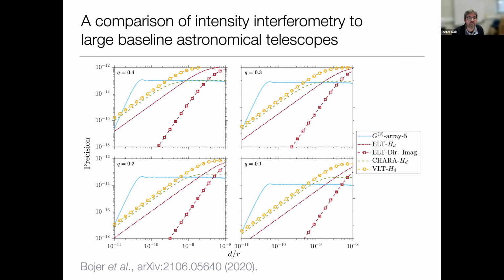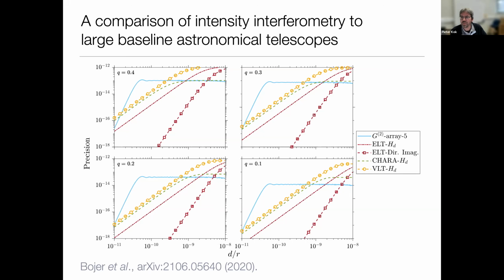And so this is the situation. Again, we are looking at these values for Q for these four plots in the top left corner. 0.5 would again be equal brightness, but we don't want to look at that because that's the one where everything is flat. Then we have a bunch of actual telescope arrays. There's the ELT, the Extremely Large Telescope, I believe, with two plots.